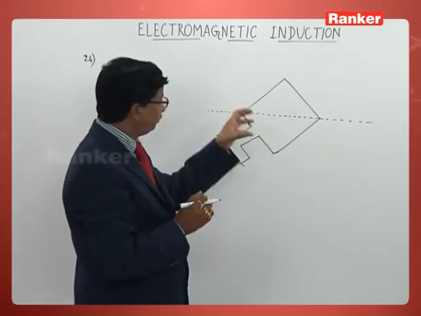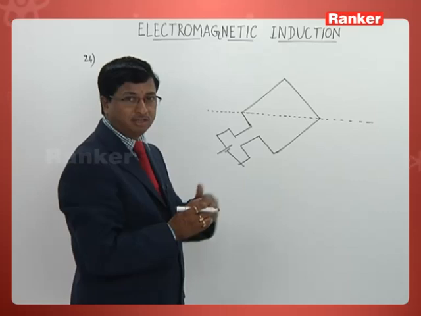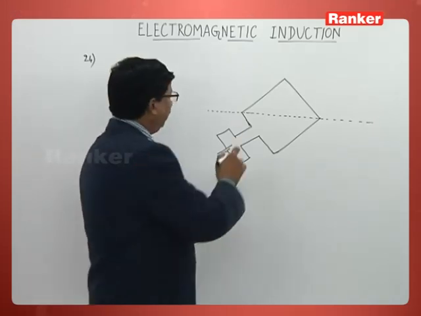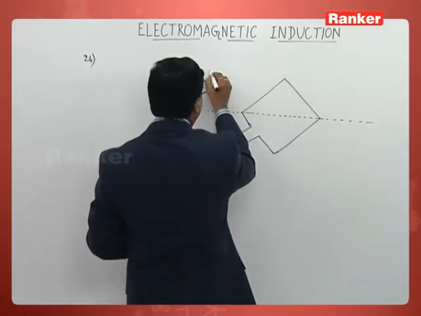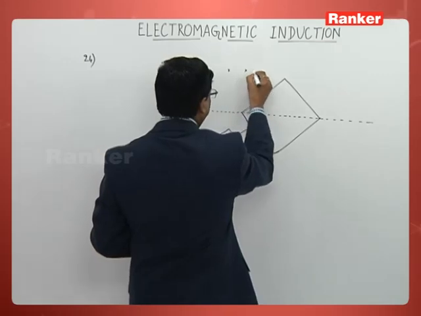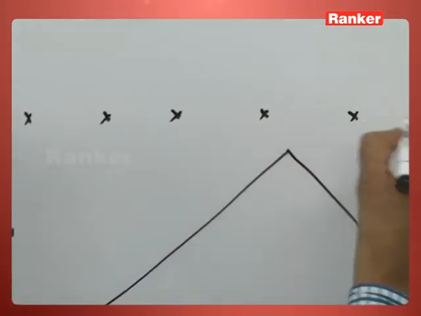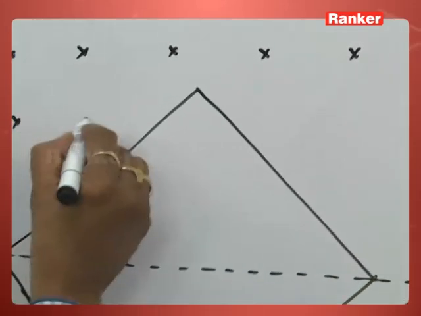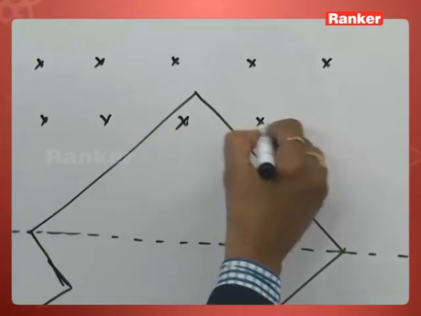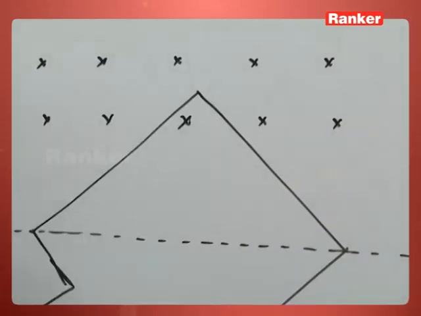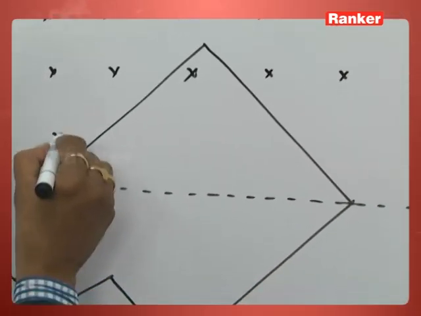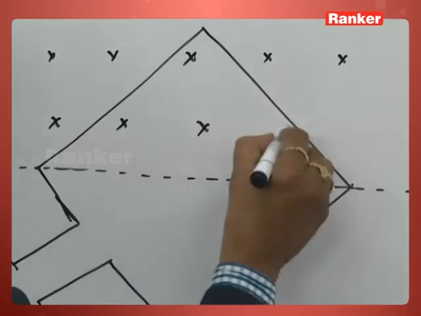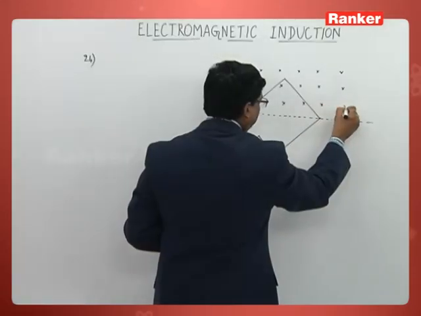And what he has technically done in this particular problem is, this upper half he has placed in an external magnetic field. That means you can certainly understand the lower half has nothing to do with that applied external magnetic field as such.